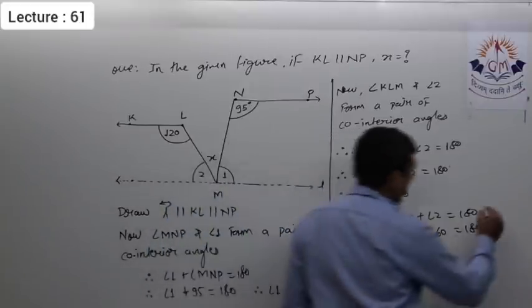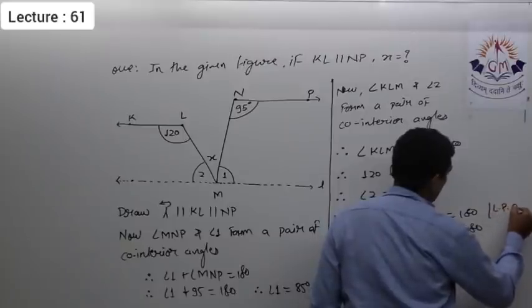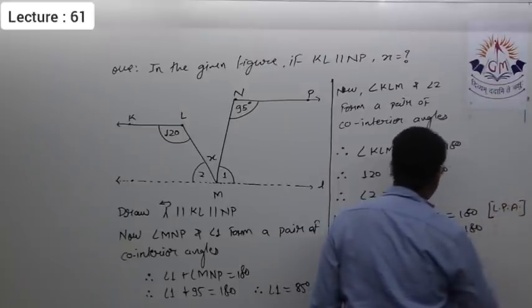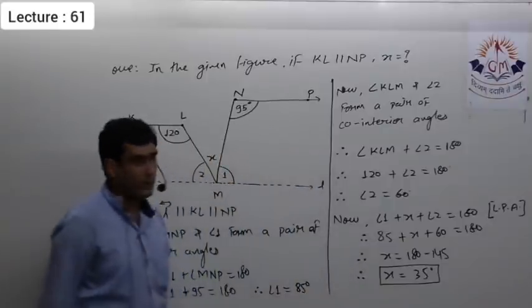Here, what is the reason behind this? I can say linear pair axiom. This is the reason for angle 1 plus 2 plus x equal to 180.